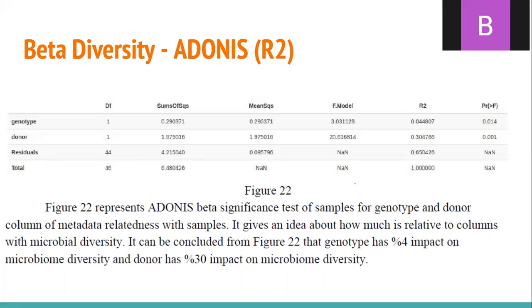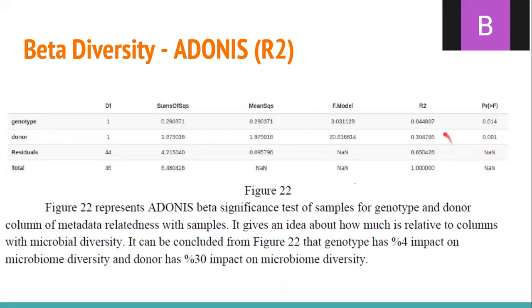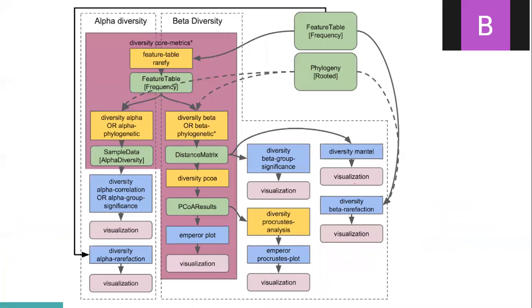It can be concluded from the test that donor type is effective on diversity 30%, which can be seen here. Donor is 30% and genotype is effective on 4% or 4.4%, 4.5% or something. The dominance, the major effect is by the donor, but genotype also has a minor effect.